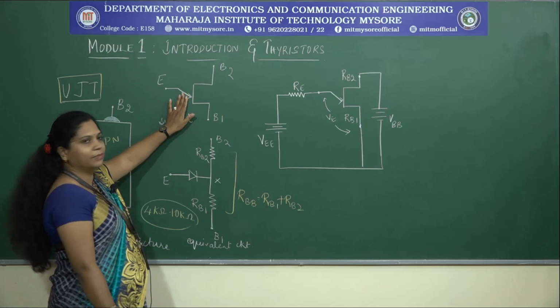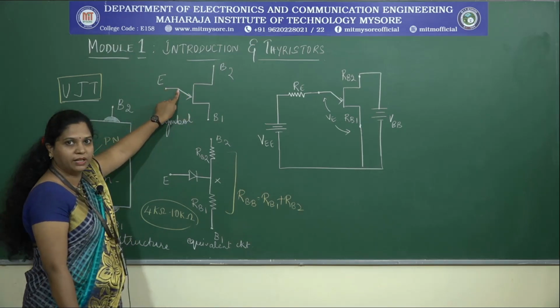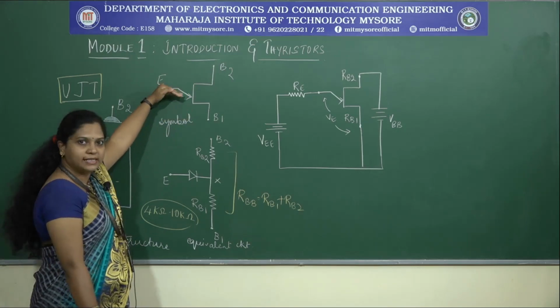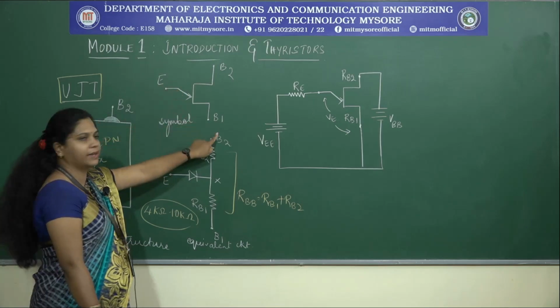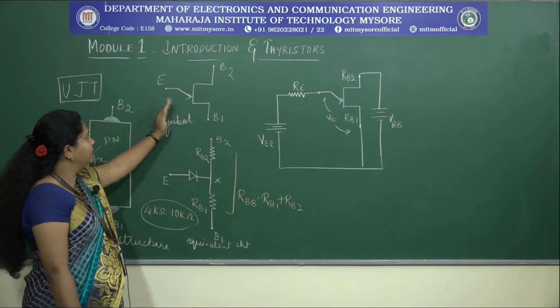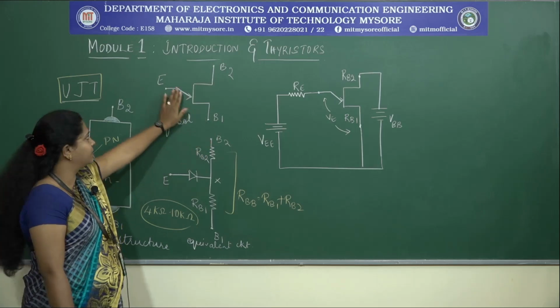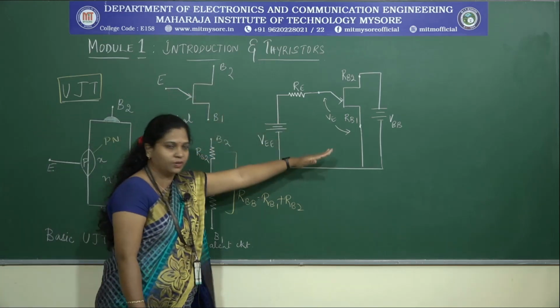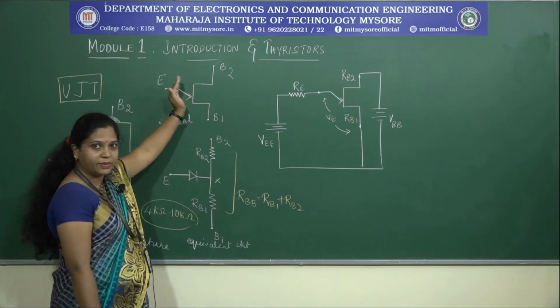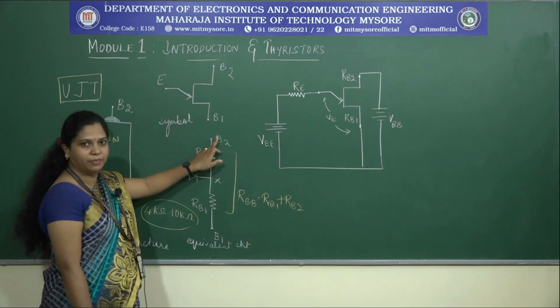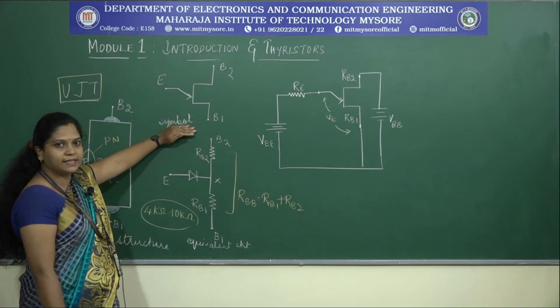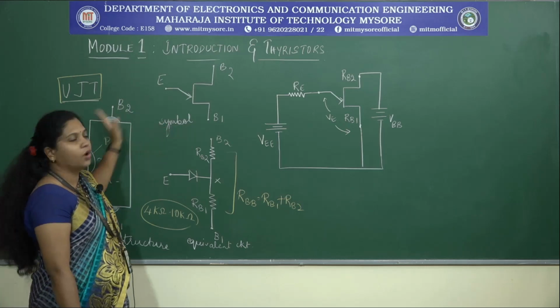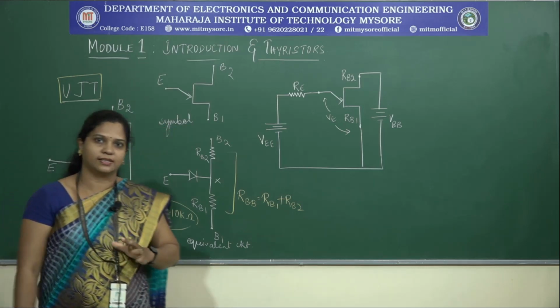Coming to the symbol, the emitter is slightly bent towards the base 1 region. I will explain later what happens across the E and B1 junction. This is the basic symbolic representation of a unijunction transistor.